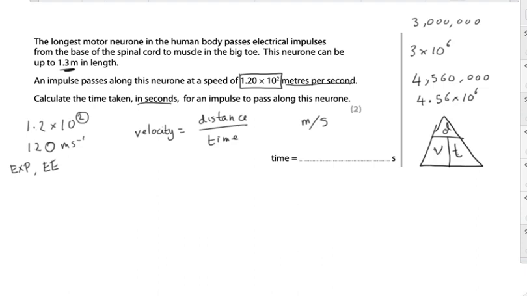So we want to find out the time taken for this impulse to travel. So we're going to have to rearrange our formula, and we can do that by using our little triangle here. So what we want is time.